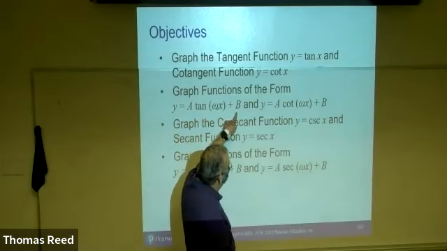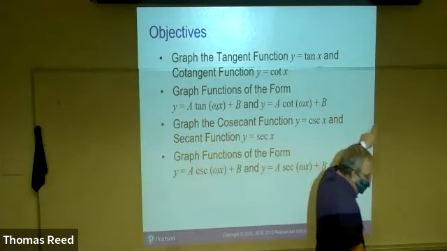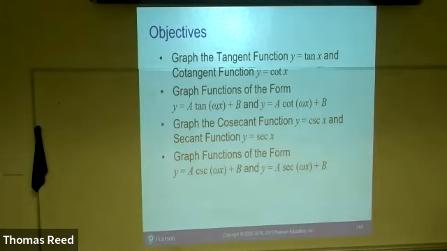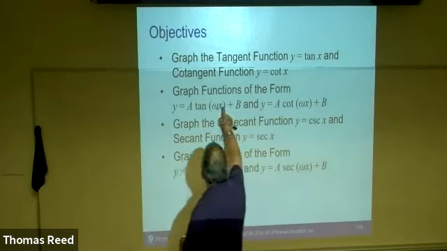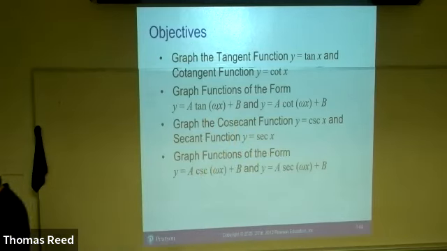Notice they threw in a plus b here. That's the vertical shift. And I think the next thing we add is a horizontal shift, where we shift it to the left or right. And then the graphs of cosecant and secant, a cosecant of omega x plus b and a secant of omega x plus b.